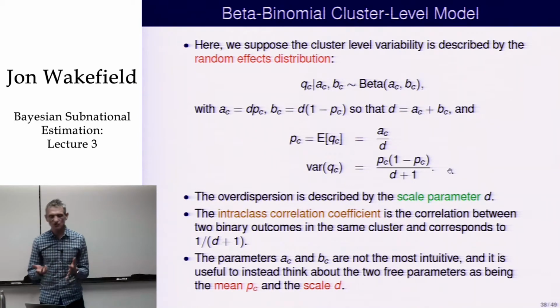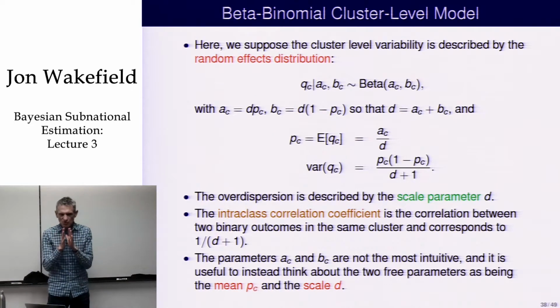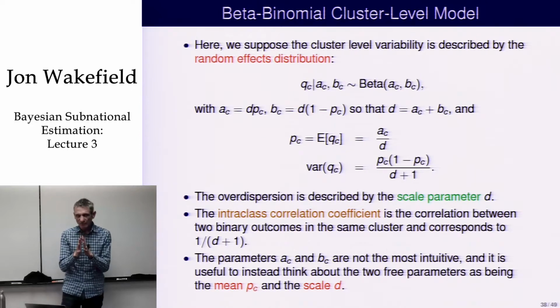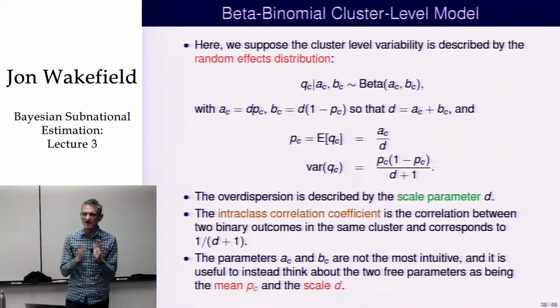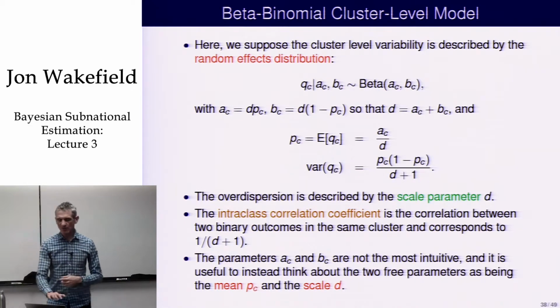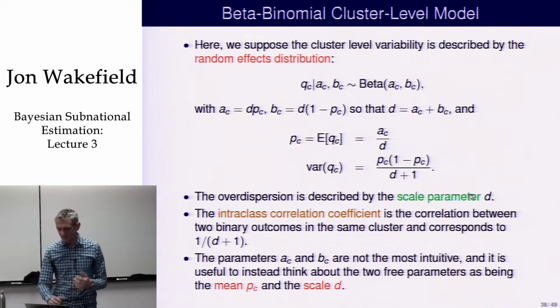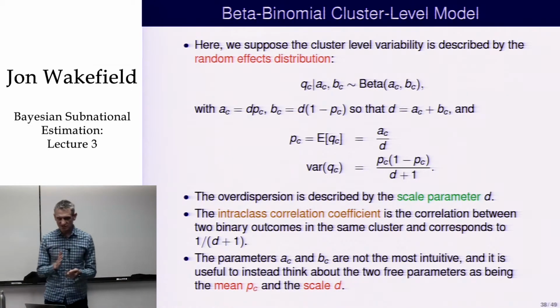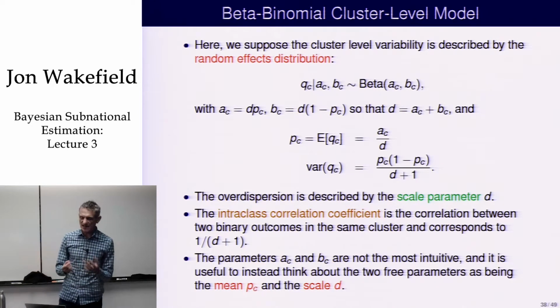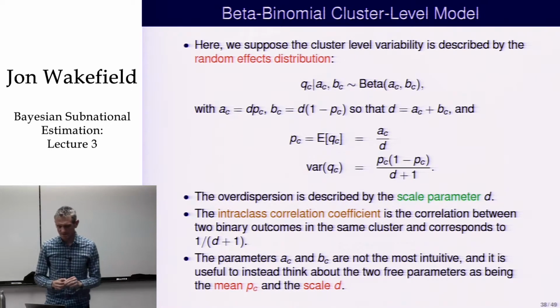So if d is very large, it means the distribution is quite narrow, and therefore we've not got much over-dispersion. Whereas if d is very small, it means we've got a large amount of over-dispersion. So this scale parameter d doesn't correspond to a variance, but its size does correspond to telling us how much over-dispersion is present.